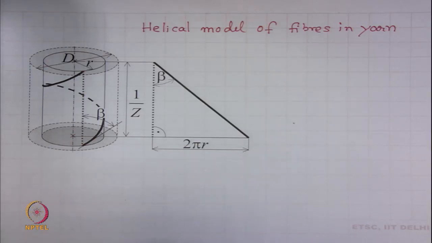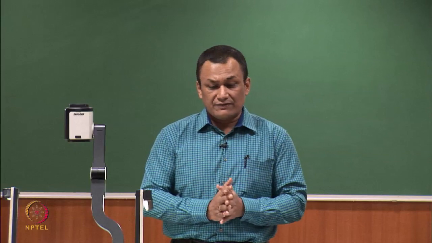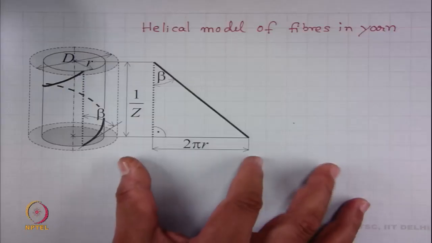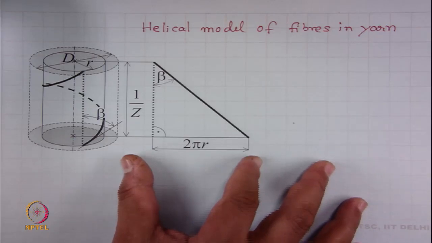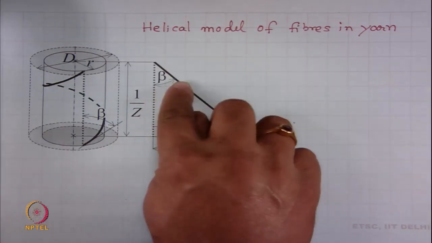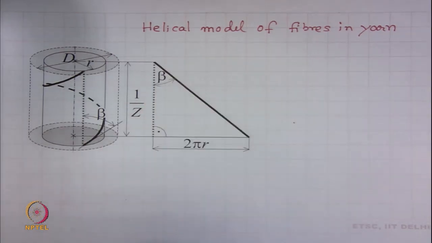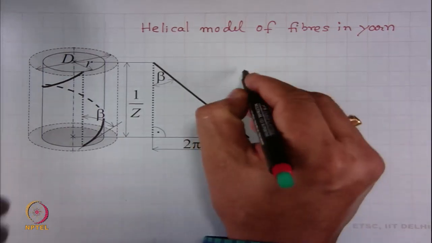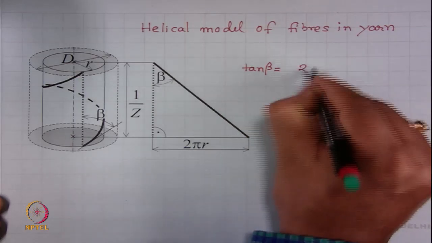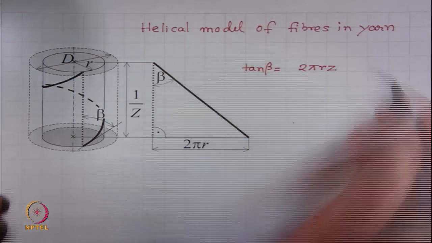If we cut the yarn along its axis and unravel, then we obtain this triangle. The base of the triangle is 2 pi r and the height of the triangle is 1 by z, where z denotes yarn twist and beta is this angle. So, if we apply trigonometry, we can find out tangent of beta is 2 pi r times z.